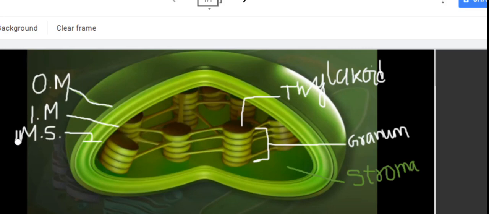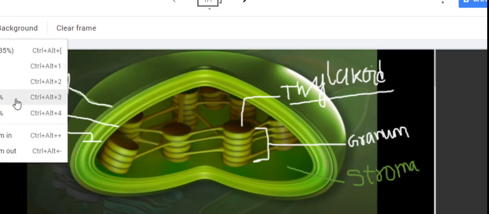Yes, sir. And when we look at the individual thylakoid, look here.